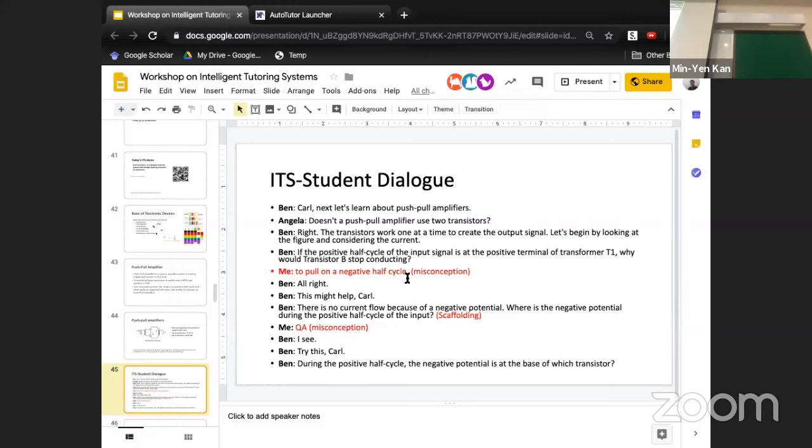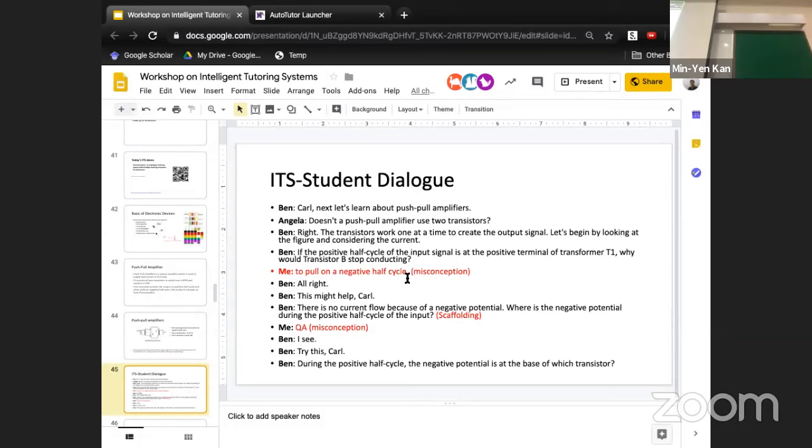But if I try to put on a negative half cycle, this is a wrong answer. Then the teacher will try to help me. It is trying to give some scaffolding to me, to see where the negative potential is during the positive half cycle of the input.